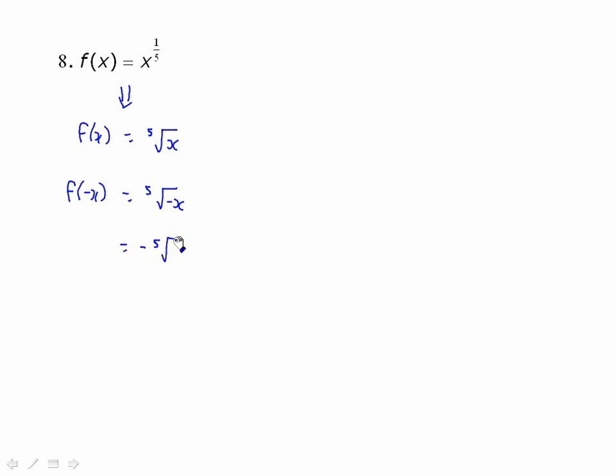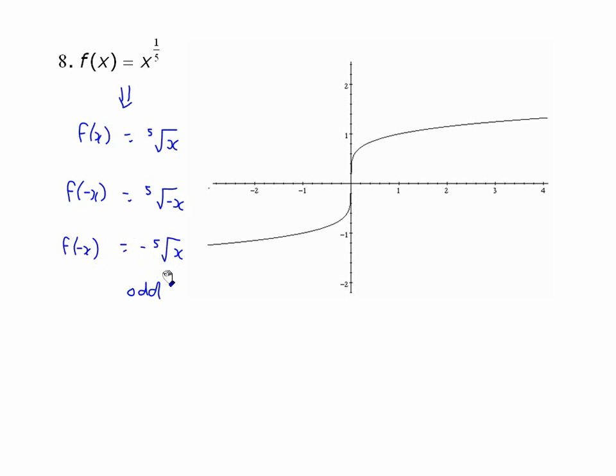So this is, in fact, equal to this. Now this tells me that this graph is odd because it is negative f at x. And then this graph will verify that. It looks like everything is pretty much perfectly symmetric about the origin like that. Every point will have an equal sister point down below.